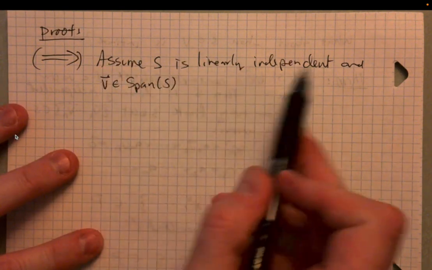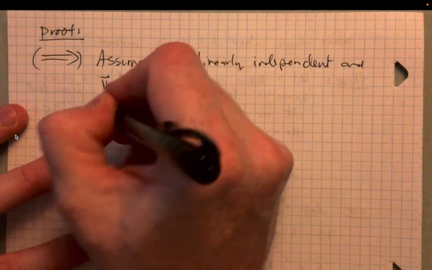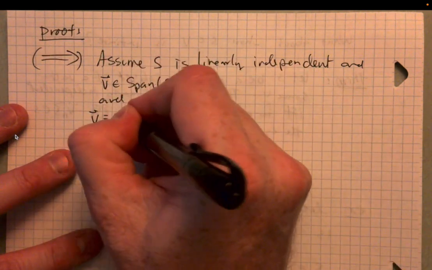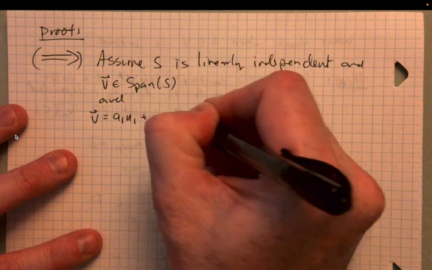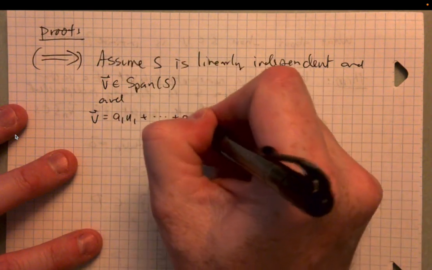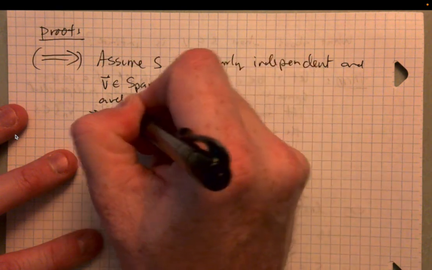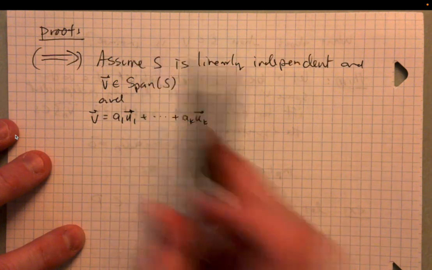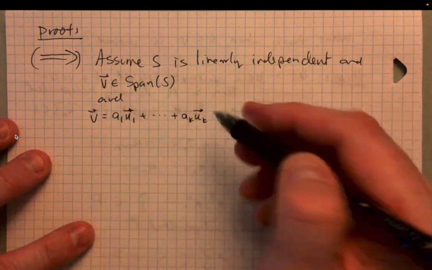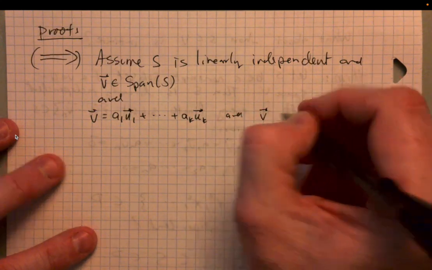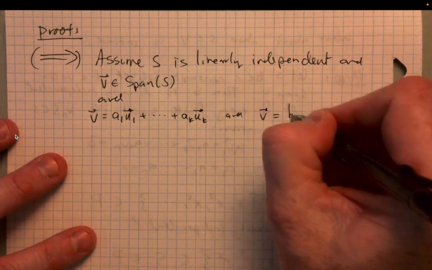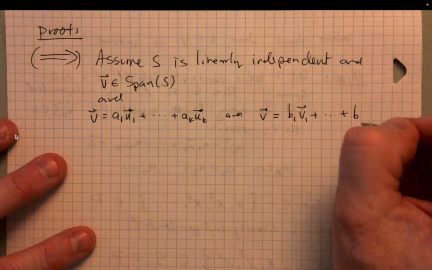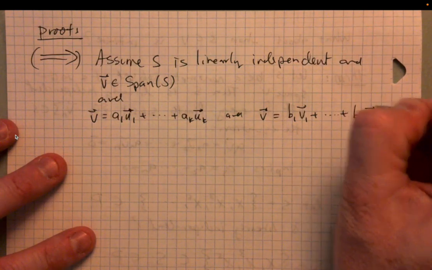So assume S is linearly independent and V is in the span of S, and that V is equal to A1 U1 plus dot dot dot plus AK UK. Okay, and these U1 through UK are obviously vectors in S. So V can be written in this way, and V can also be written in this way, B1 V1 plus dot dot dot plus BL VL, we'll say.